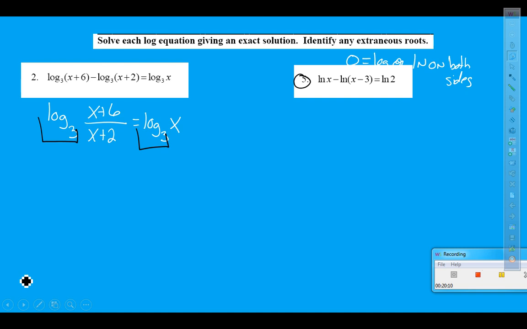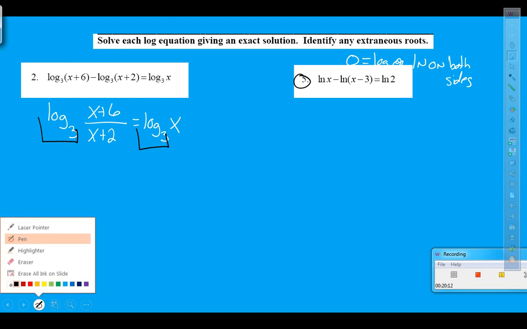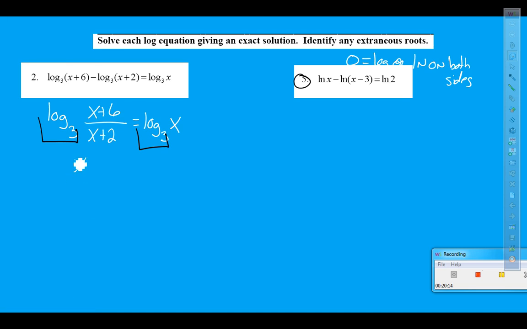So here's where I'm going to go next. Let me switch back. I'm going to say, well, if I can make (x plus 6) over (x plus 2) equal to x over 1, life is good. So notice I just set this argument equal to this argument. Now I'm going to cross multiply. So I'm going to have x squared plus 2x equal x plus 6.